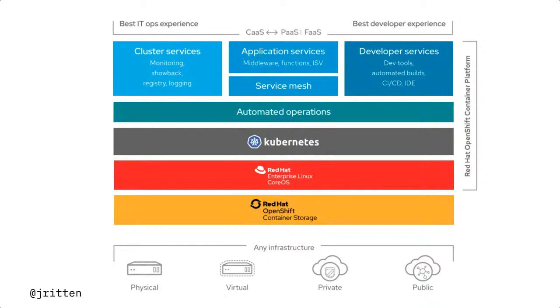So the platform as a service capabilities of OpenShift build on top of the ability to deploy a container image by providing a way for you to build in OpenShift your own container image direct from your application source code and have it deployed. So maybe you don't know how to create a container image, or you haven't done it yet. What's really nice with the platform as a service capabilities of OpenShift is that it can do that for you.